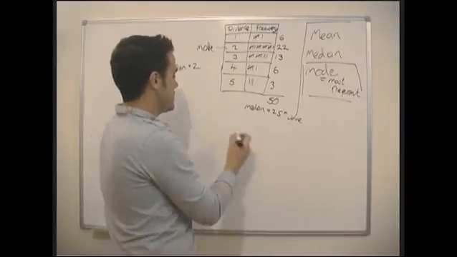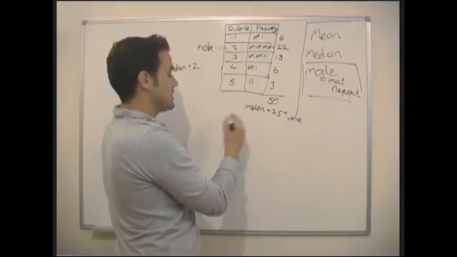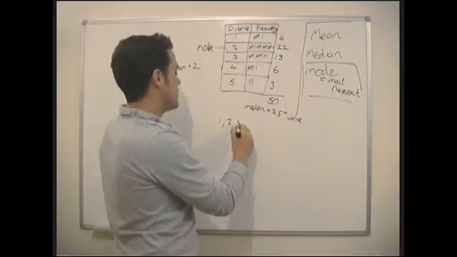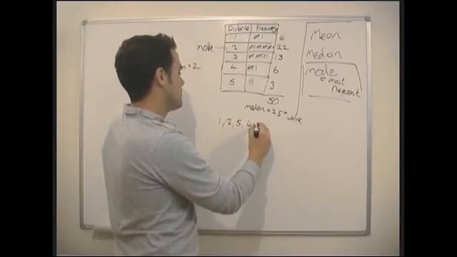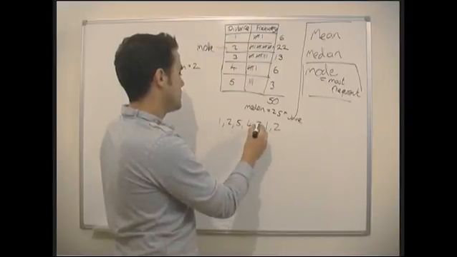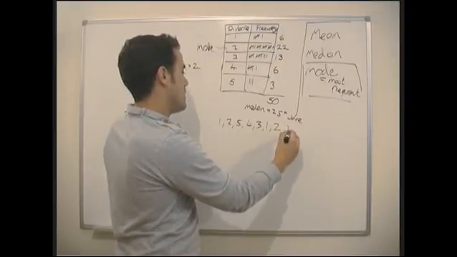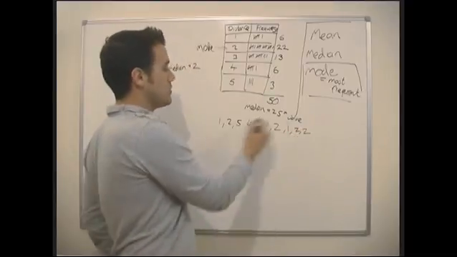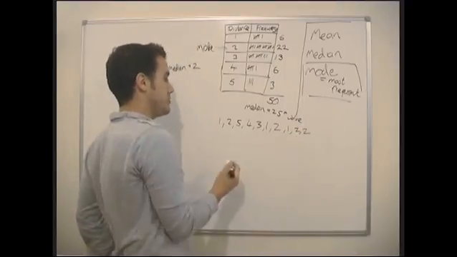Okay, just again to illustrate the median, when you've been asking just 10 students, you might have got answers of 1, 2, 5, 4, 3, 1, 2, 1, 2, 2. Okay? You can't tell the median straight away from them, you need to put them in numerical order.